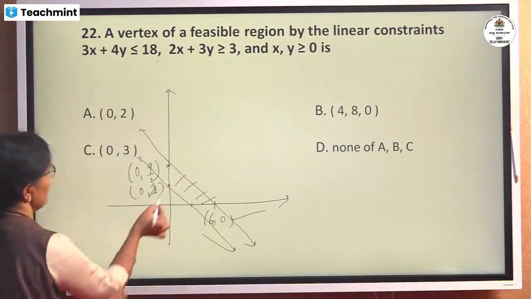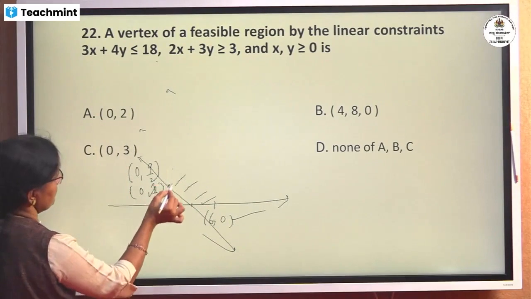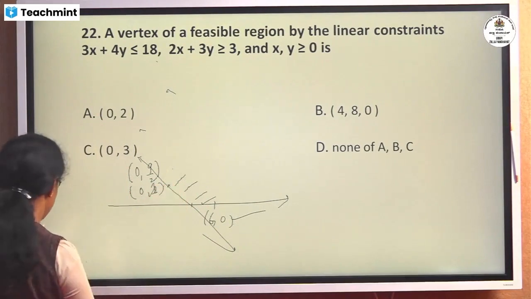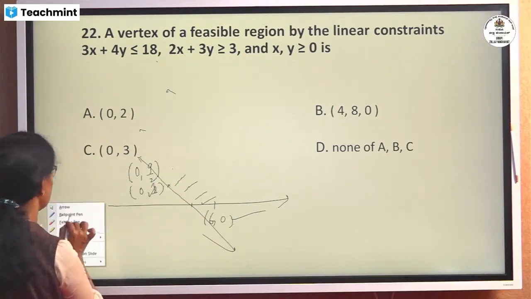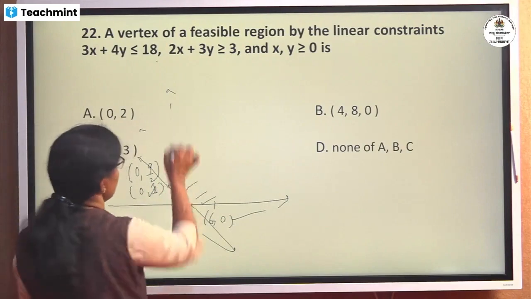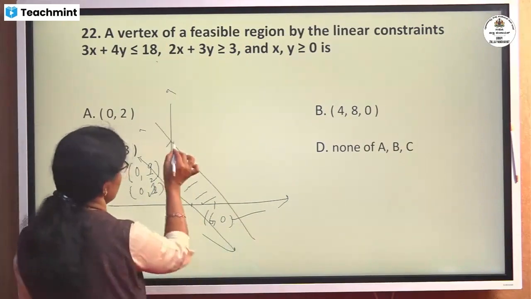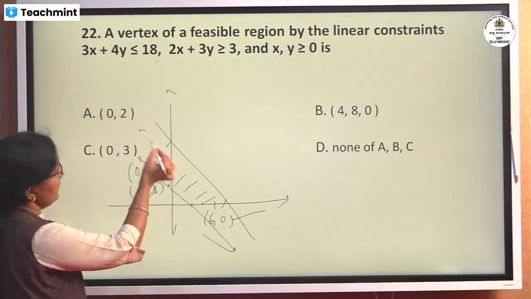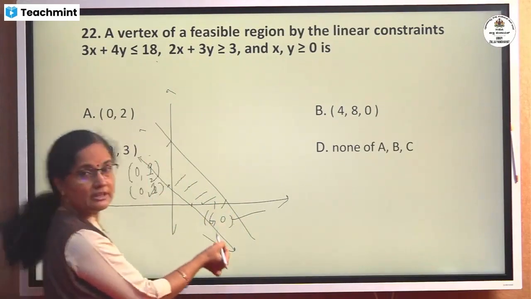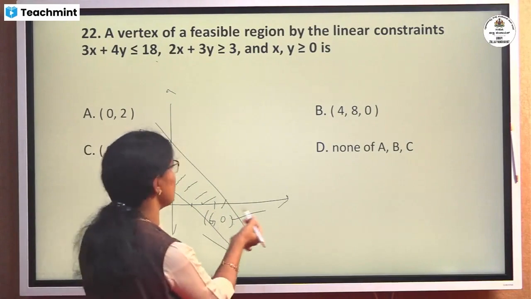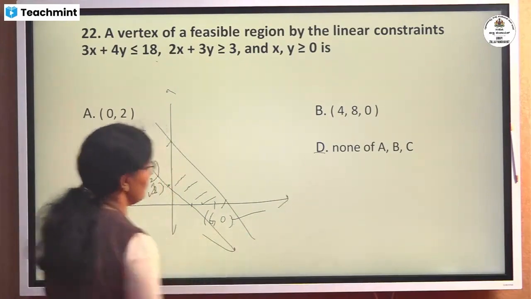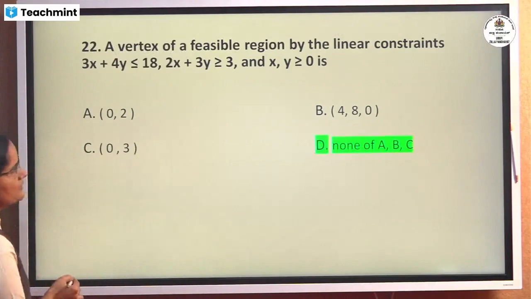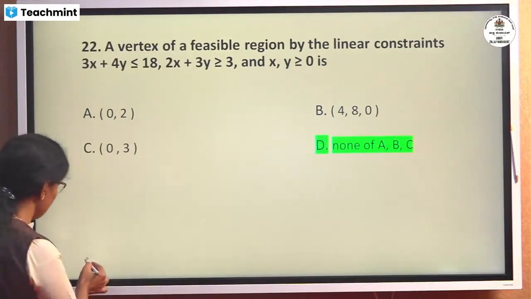Yes, this is the area. Here was the line. So this is the area that you have to check. So that point (0, 9/2) is not here. (0, 3) is also not here. (6, 0), all these points are not here. Therefore, none of these is the option for the question.